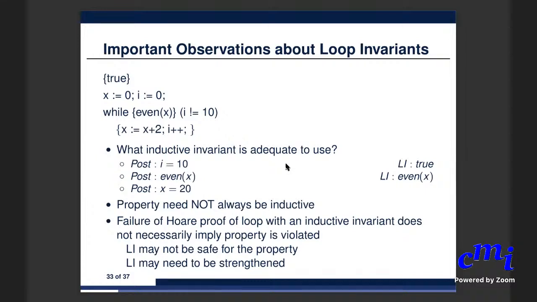But there are methods that are complete for certain properties. If your property is a propositional property, then there is a procedure, which we will study later in the course, called IC3, that is always guaranteed to terminate, and when it terminates, it will find an inductive invariant, as long as your transition system is finite and the property you want to prove is expressible in propositional logic.